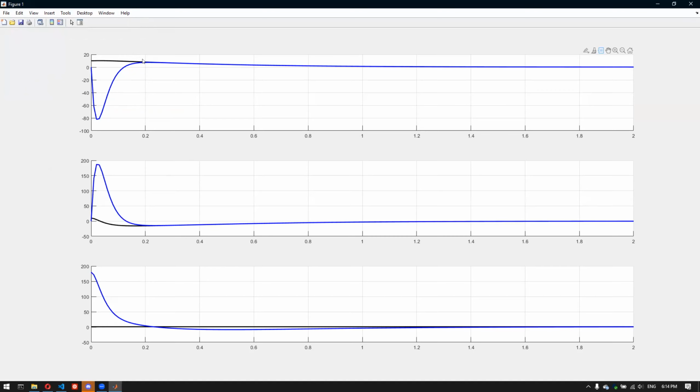It takes quite some time to estimate that. And the same goes for the second state here. Our observer is way too aggressive, doesn't predict it well. It just surpasses it, and then it does its job, and we get 0.2 here.